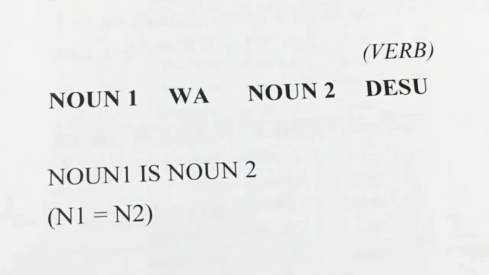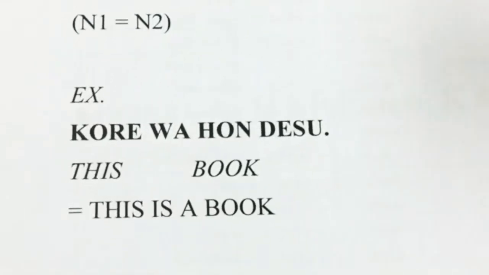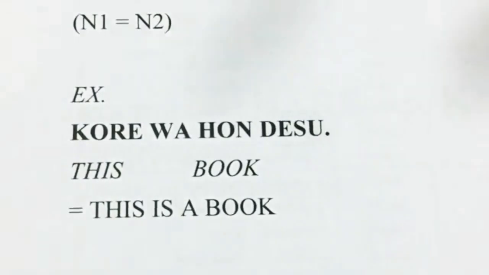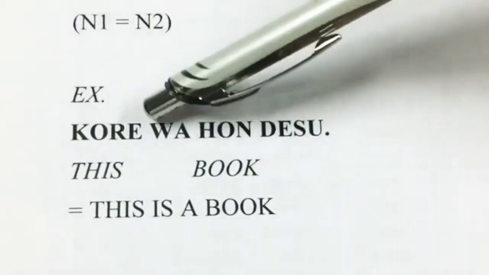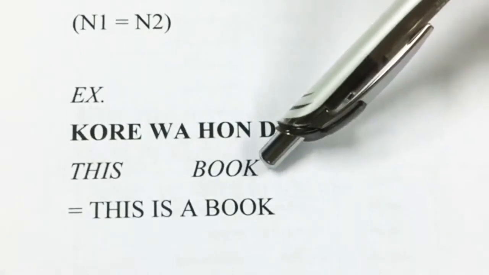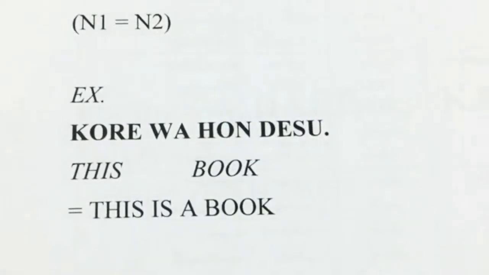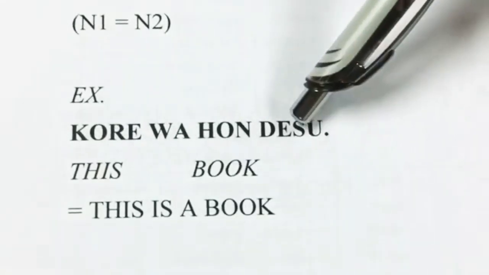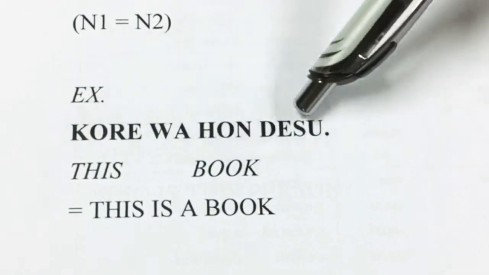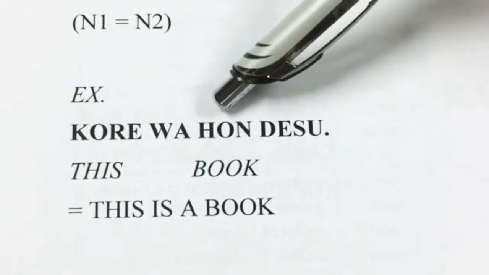You see, very easy, very easy. So let's see some example. これは本です。これ means this. 本 means book. So これは本です simply means this is a book. This is a book. Alright?